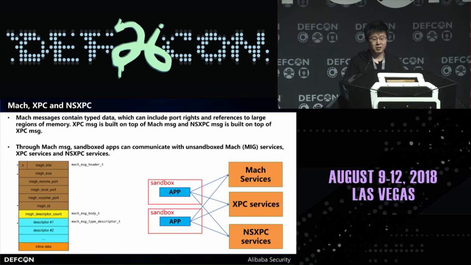Through Mach message, sandbox apps can communicate with Mach services, XPC services, and NSXPC services. Consequently, if the servers don't handle the message in expected ways, they may be corrupted by malicious apps.